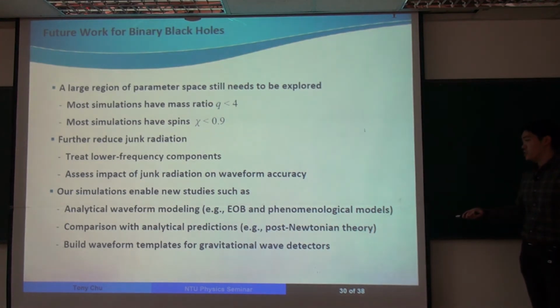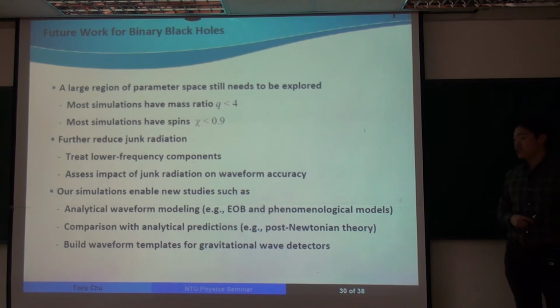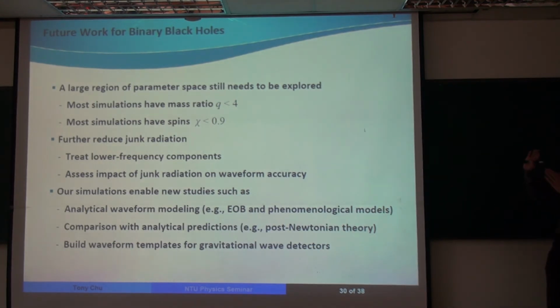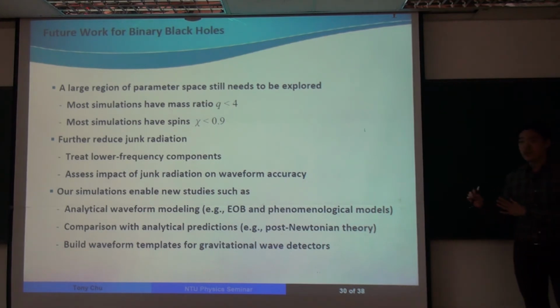That is, we can understand where exactly post-Newtonian theory breaks down, for instance, if we compare its predictions with our simulations. And ultimately we would like to build waveform templates for gravitational wave detection.